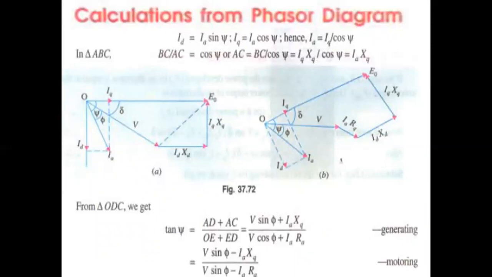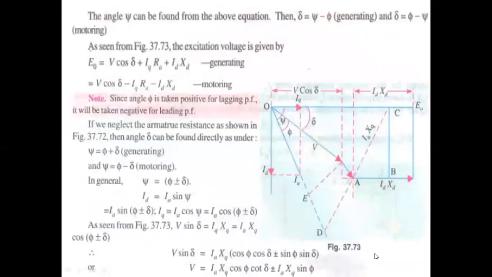So if you see the next figure here, the dotted line AC has been drawn perpendicular to IA, right? And CB is drawn perpendicular to the phasor E naught.